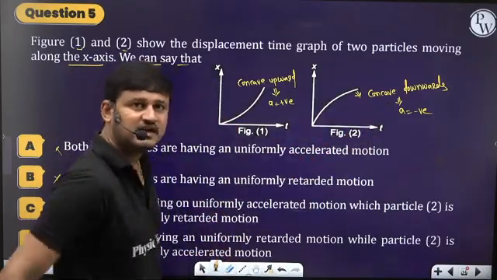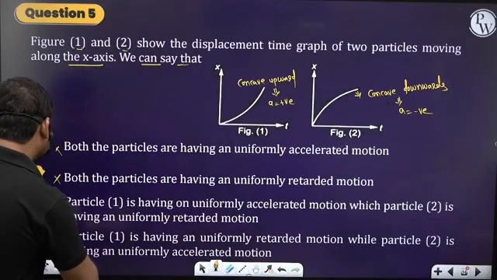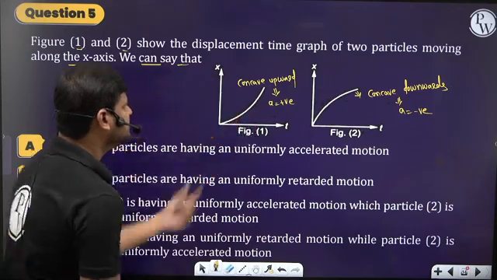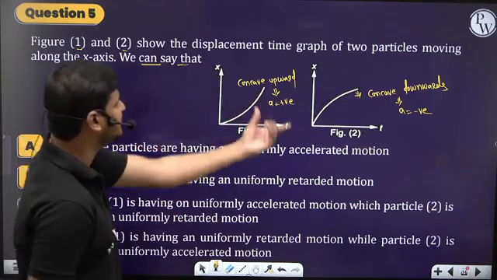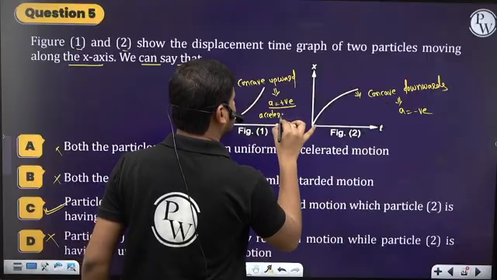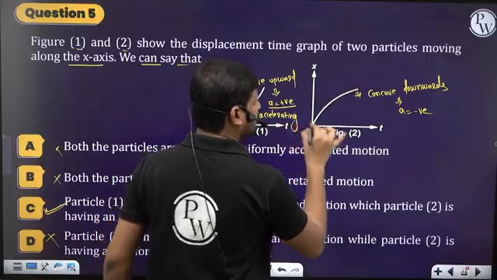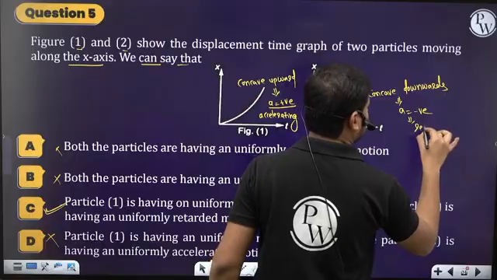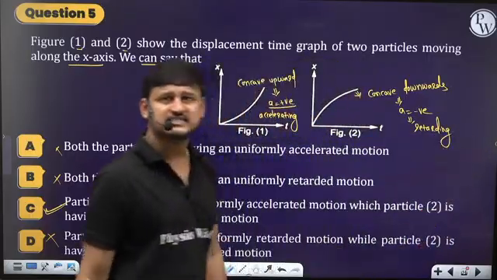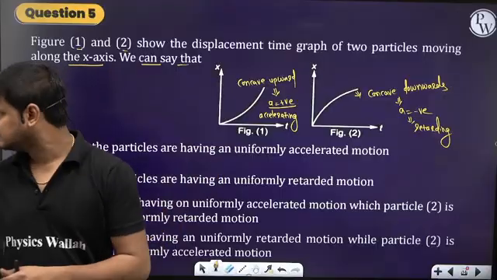Option C is the correct one. And particle 1 is having uniformly retarded? No, this is accelerating. This is retarding. Understood? Understanding the graph? Right? Chalo.